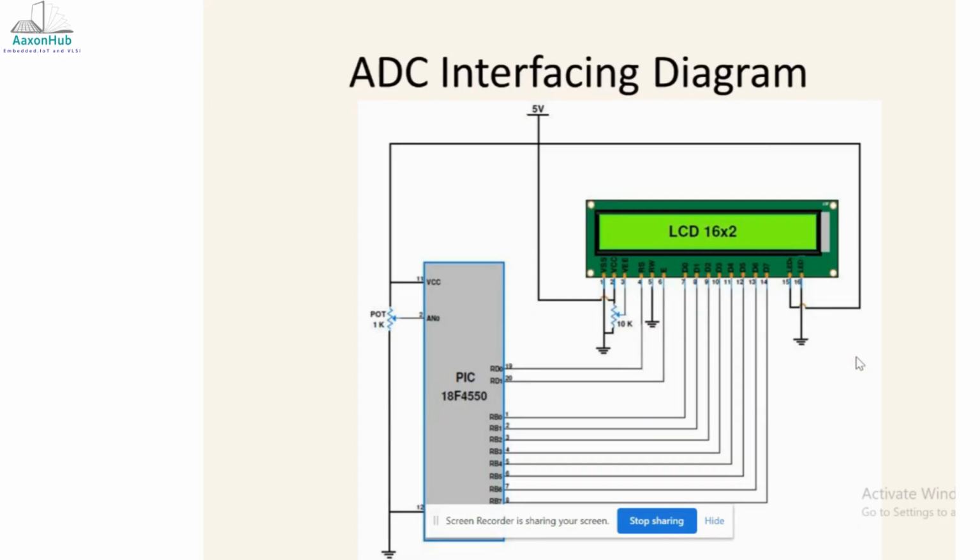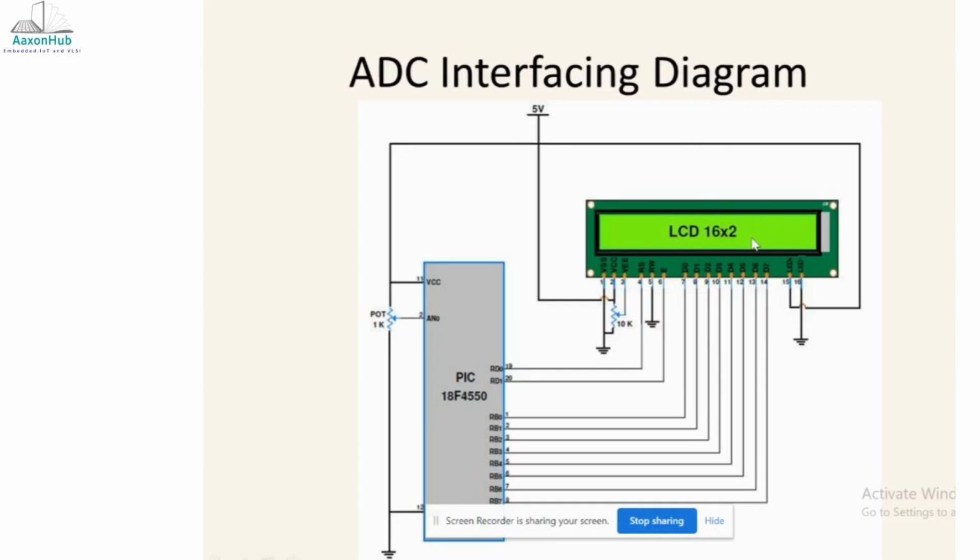Now let's take one example, if you are connecting ADC to your PIC18. Here, instead of a sensor, I have connected a 1K pot and that is connected to AN0. For this particular AN0 channel, I have selected one pot and I need to convert the analog value coming from the pot, and the converted result of the ADC will be displayed on the LCD.